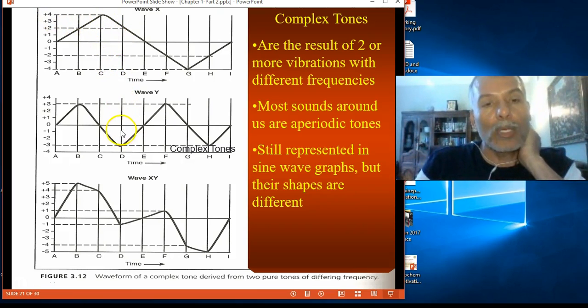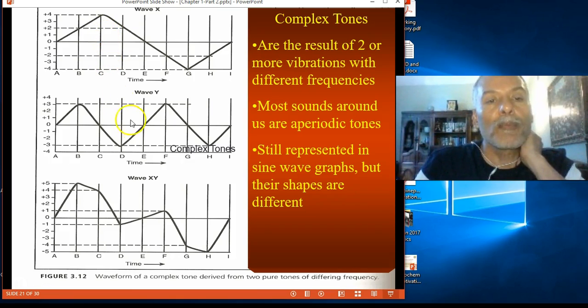Let's go down to the second wave. It begins here, and C is just about half of this peak here. So one whole wave is going to end here at E. So E goes up. E is equal to half of that first wave.